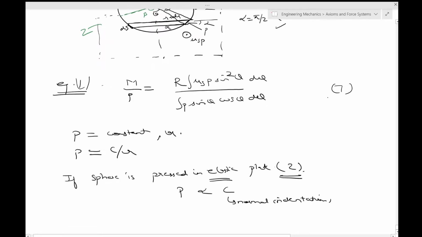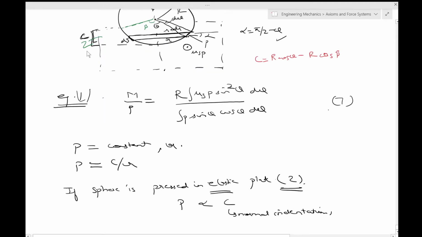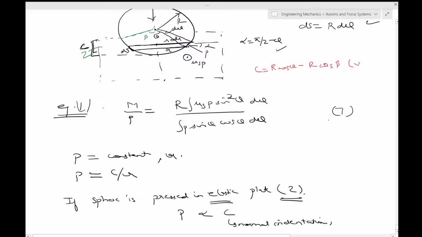So take my word for it that if a sphere is pressed in an elastic plate too, okay, then you can assume that P is proportional to the normal indentation C, okay, and C, when I say, is actually this value, how much this has indented, okay, C. So C you can write as R cos theta minus R cos beta, okay, you should be able to verify that the normal indentation is actually equal to this.